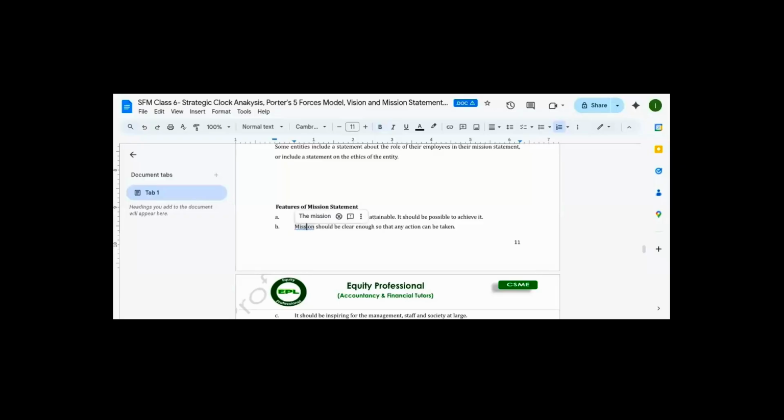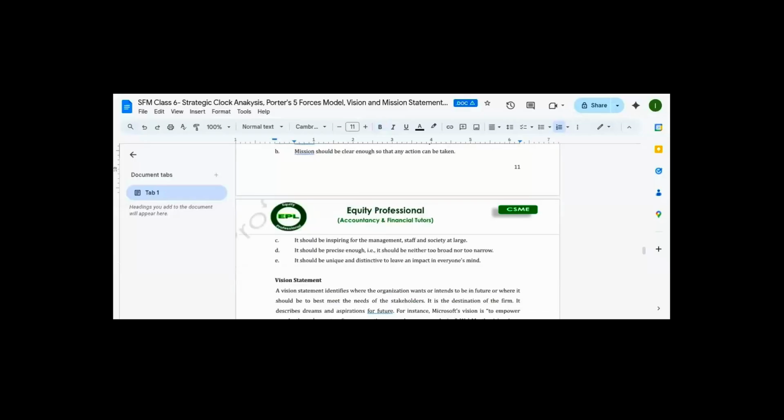Two, the mission should be clear enough. So there should be clarity of purpose in the mission statement, and it should be easy for all the stakeholders and the public to interpret. Three, the mission statement of the company should be inspiring for the management, the staff, and the society.